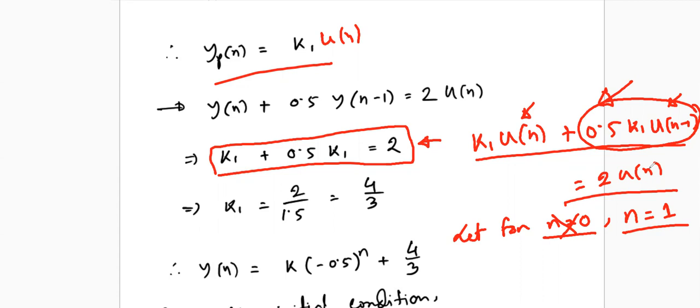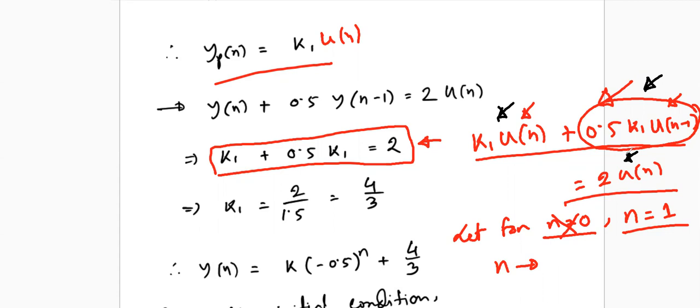What does it mean? You need to choose the value of n in such a way that all the terms here, terms number 1, 2, and 3, all survive. No one should multiply with 0 value. You need to choose the value of n in that way.